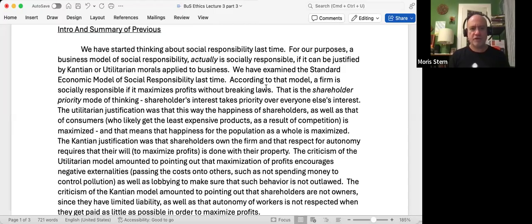The criticism of the Kantian model amounted to pointing out that shareholders are not owners, since they have limited liability, as well as that autonomy of workers is not respected when they get paid as little as possible in order to maximize profits.